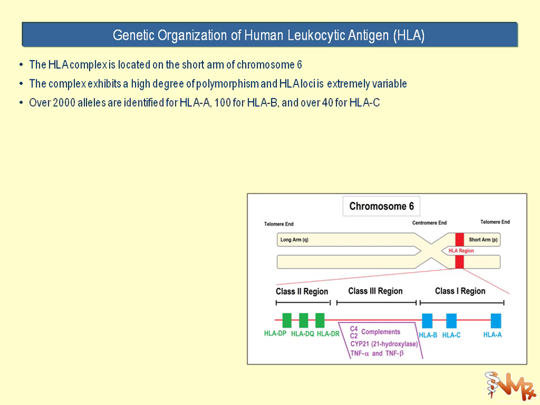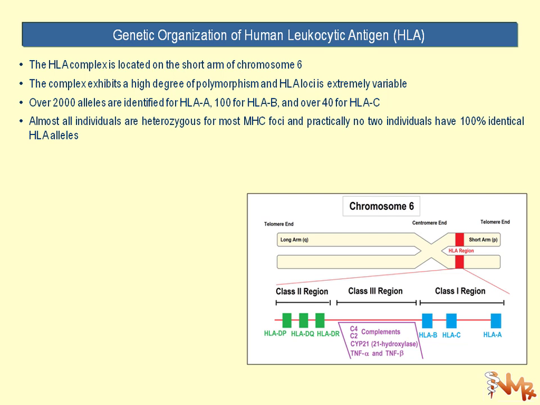Over 2,000 alleles are identified for HLA-A, 100 for HLA-B, and 40 for HLA-C. Interestingly, the number of these alleles is progressively increasing. So you may not be surprised if you read the literature a few years down the road, you may see a much higher number for HLA-B or HLA-C or HLA-A.